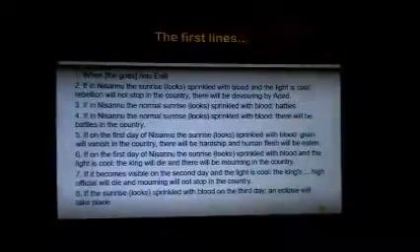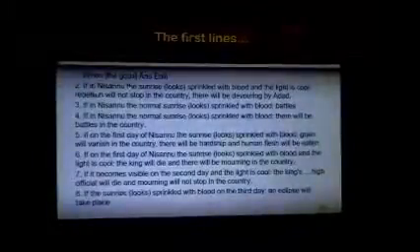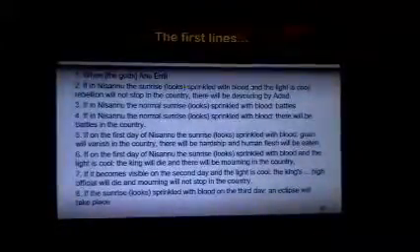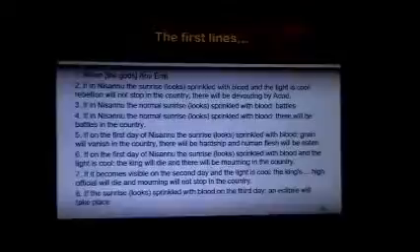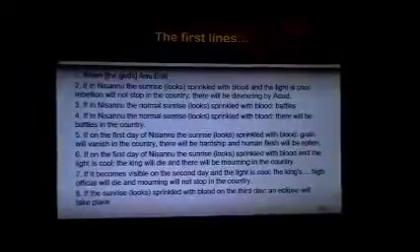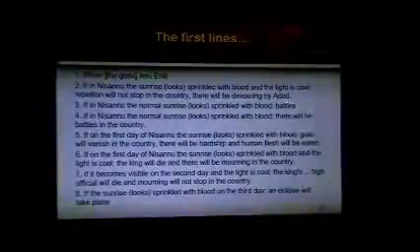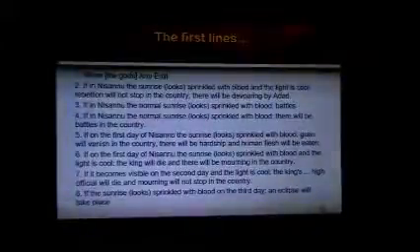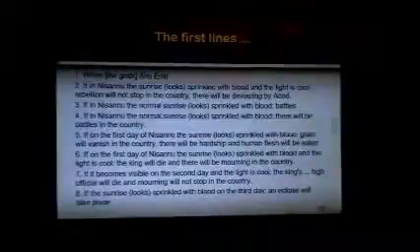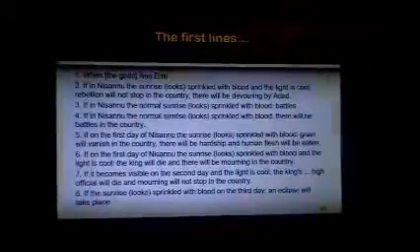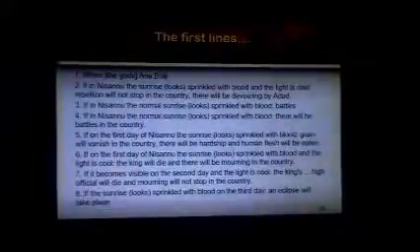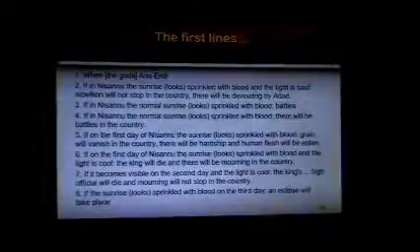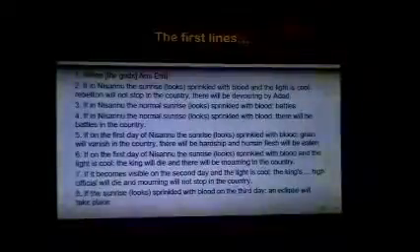So here's some of the omens. If in Nisanu, that's a month, the sunrise looks sprinkled with blood and the light is cool, rebellion will not stop in the country. There will be devouring by Adad. And that would be one of the city-states nearby that was often at odds with where this particular text came from. It's pretty grim stuff.